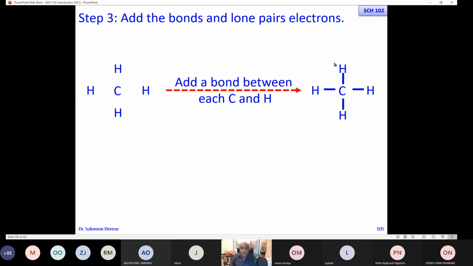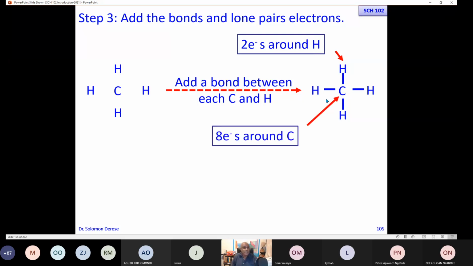And then after that, we determine if the hydrogen has 2 electrons, because it has to follow the duet rule. We also have to determine if the carbon has an octet of electrons, because it follows the octet rule. In this case, each of the hydrogens is surrounded by 2 electrons because of the single bonds, and there are 8 electrons around the carbon, from 4 2-electron bonds.